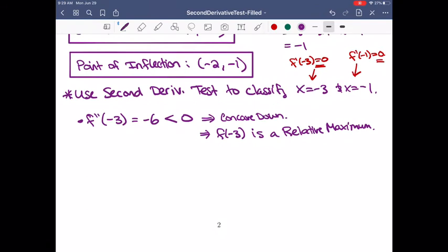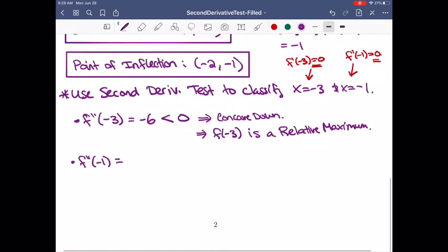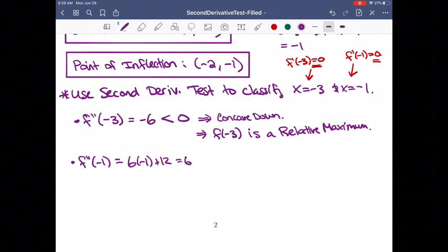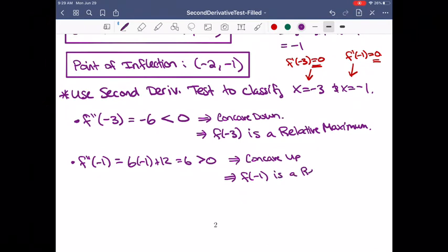Now if we test at -1, which I did not do, if I plug in -1, it's 6 times -1 plus 12, so positive 6. So that's positive. When the second derivative is positive, it means it's concave up. And for the second derivative test, we can conclude that f of -1, the y value, is a relative minimum.